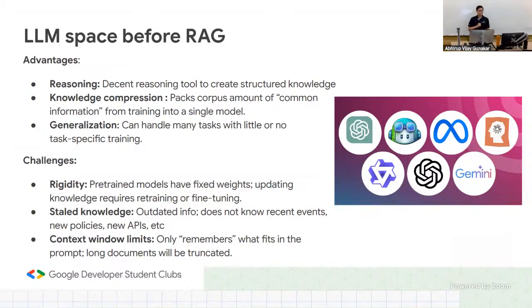While the LLM is very good, or at least decent, at reasoning, and it packs a lot of common knowledge into the model weights, it can also be a great generalization tool where you can just provide it context about basically unknown tasks and it will still be able to do them. So the challenge consists of three things. First of all, the model weights.